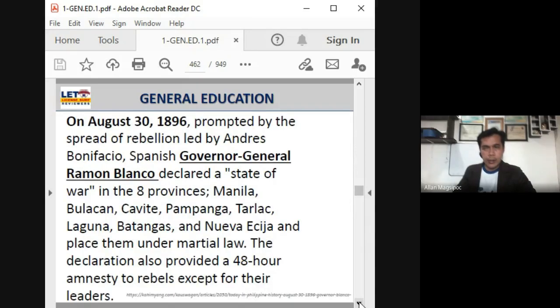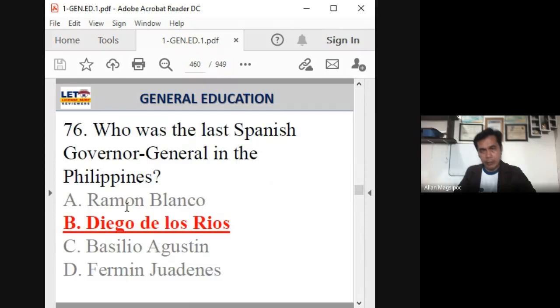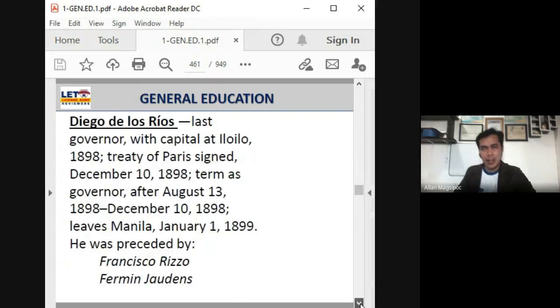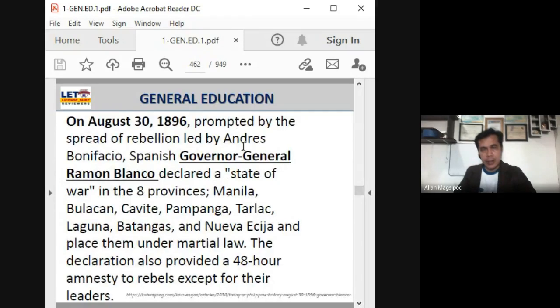On August 30, 1896, fronted by the spread of rebellion led by Andres Bonifacio, si Ramon Blanco, kasi nandun sa options natin si Ramon Blanco ha, para meron kayong information sino yan si Ramon Blanco. He is also a Spanish Governor General in the Philippines, but he's not the last. Okay? In August 30, 1896, itong si Governor General Ramon Blanco declared a state of war in the 8 provinces. Manila, Bulacan, yan. Ito silang 8 provinces.